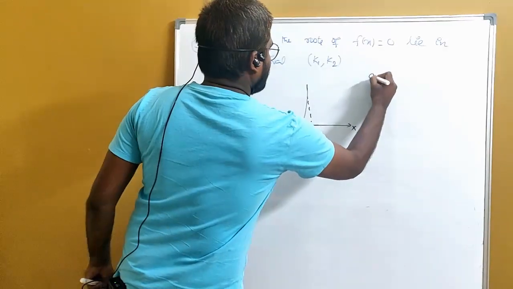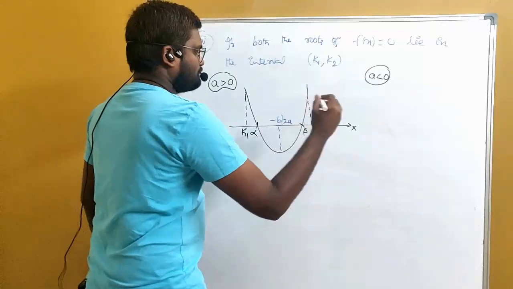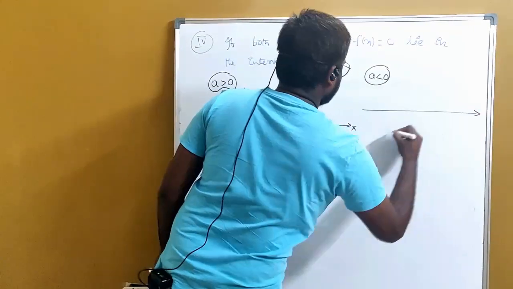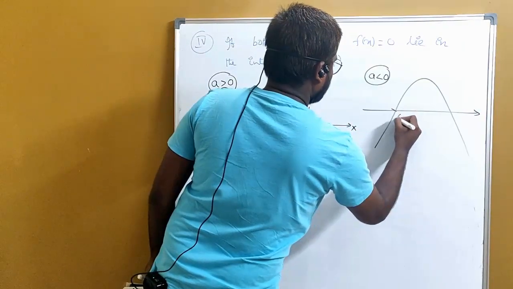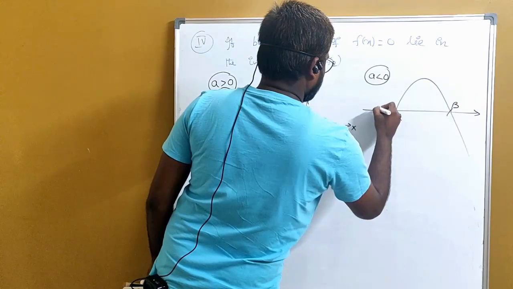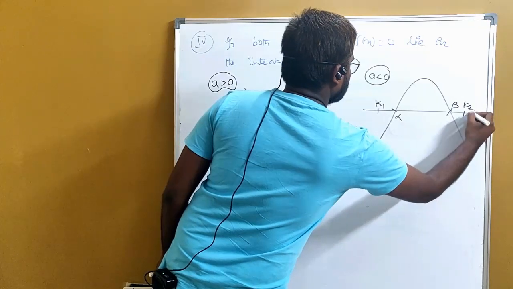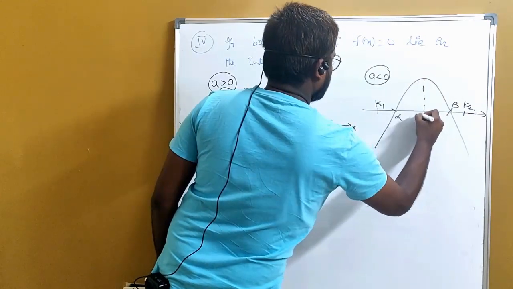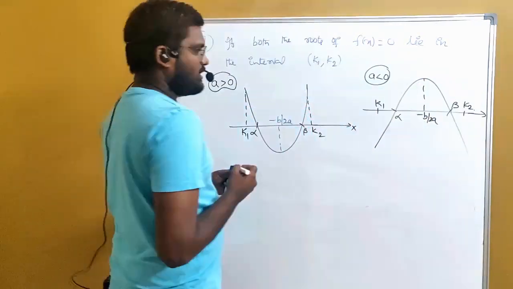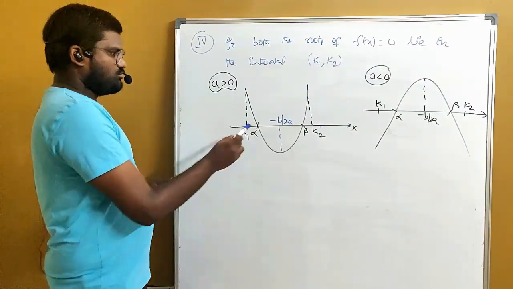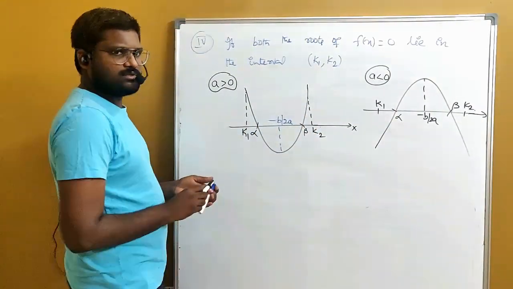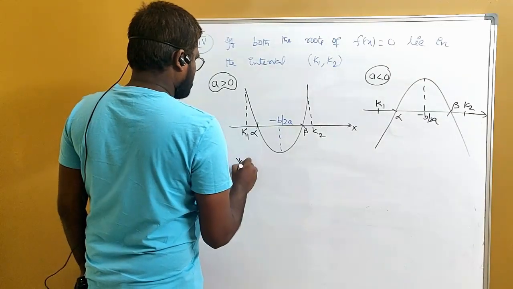Similarly, when a less than 0, now again here also alpha, beta, here k1, it will be k2, isn't it? And this is minus b by 2a. Now from these two diagrams, let us write down the restrictions.